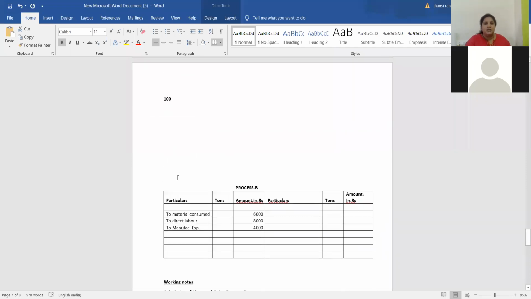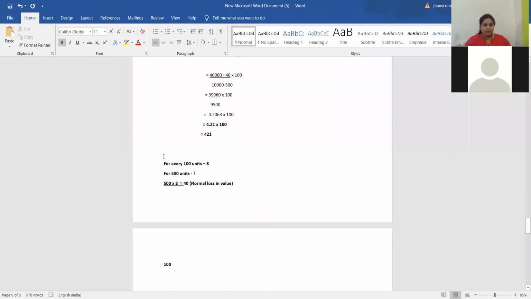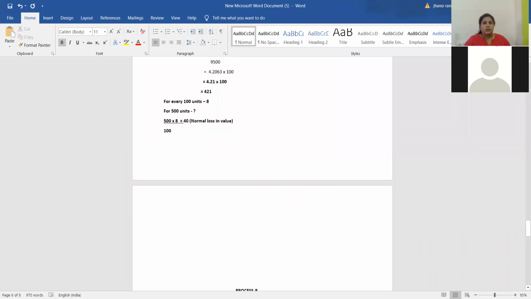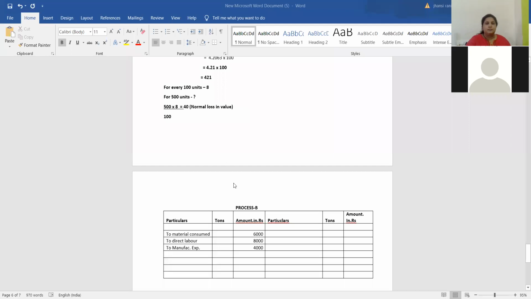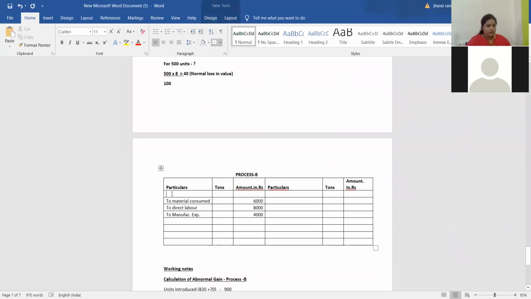Now I will come to process B. Here we are writing to process A. From A, we have transferred 9,400 tons. No, it's not tons, it's units.